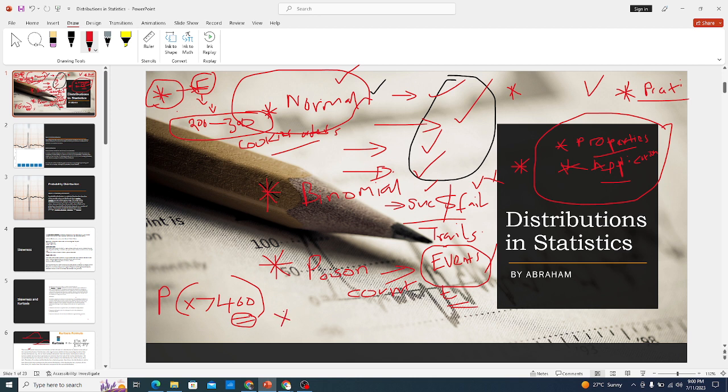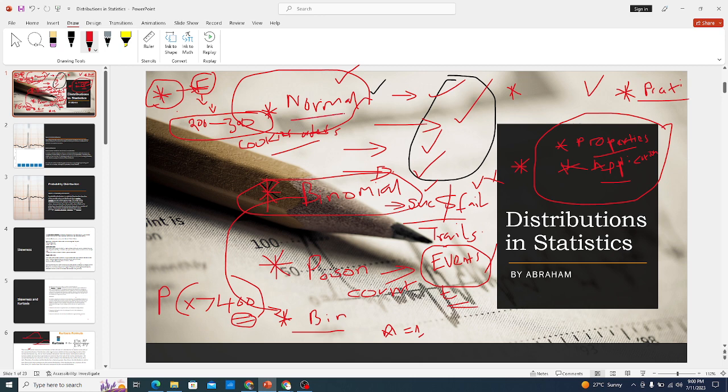We'll also discuss the Bernoulli, and Bernoulli is a special type of binomial distribution. It takes place when n is equal to 1. When n is equal to 1, the binomial distribution changes to the Bernoulli distribution.